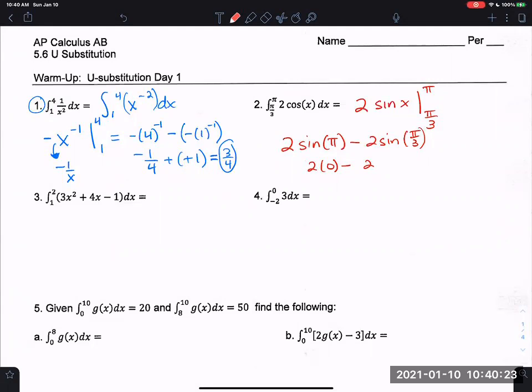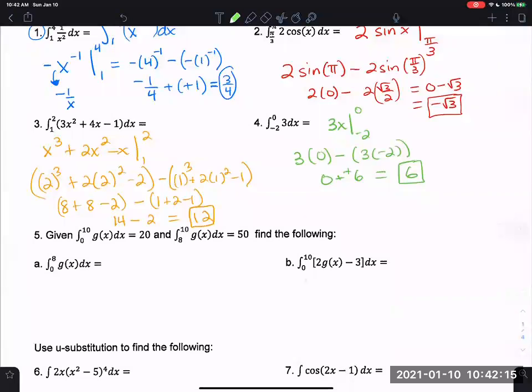Your sine is root 3 over 2. It's positive. It's in the first quadrant. So we have 0 minus 2 times root 3 over 2, which gives us a final answer of -√3. Okay, all right. So we are going to pause, finish the other 2, and we'll be right back with the answers.